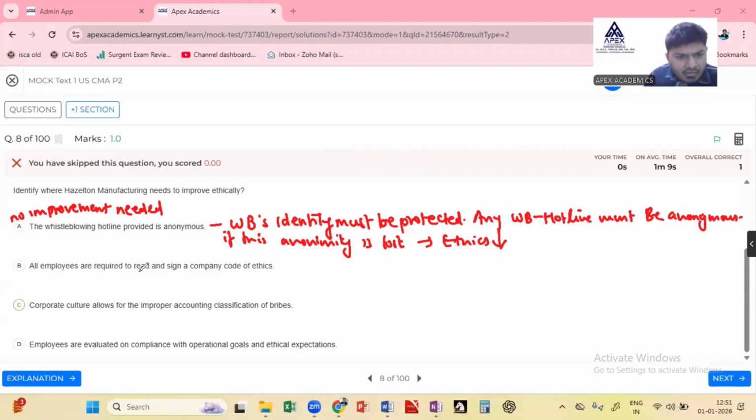All employees are required to read and sign a copy of the company code of ethics. Yes, this is model practice. Why is this model practice?